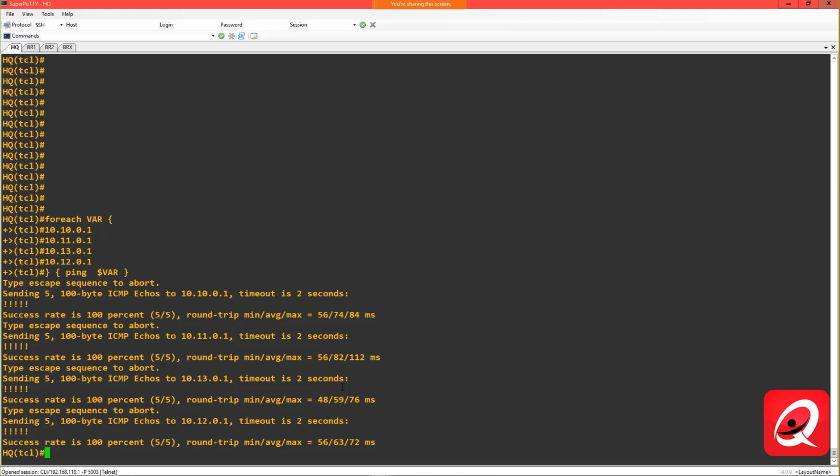I don't know if that'll save you a lot of time. Obviously, there's more room for potential errors with regard to entering the script itself, but we can see that we're able to ping all of those individual destinations, even though we don't have those specific routes in our routing table.